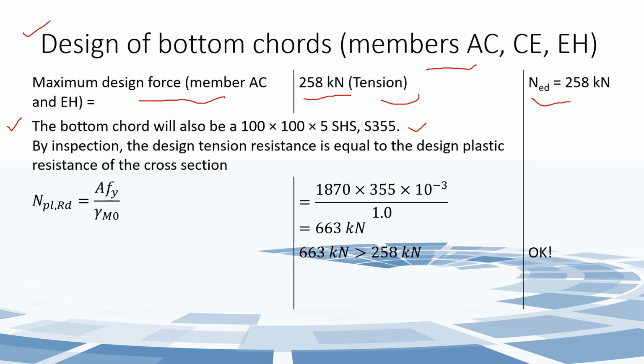And then check that the design force is less than the design plastic resistance of the cross section. So the tension resistance is equal to this formula. We include all the values inside this formula. So finally you will get the tension resistance equal to 663 kilonewton. It's more than 258 kilonewton, which means that it is adequate.